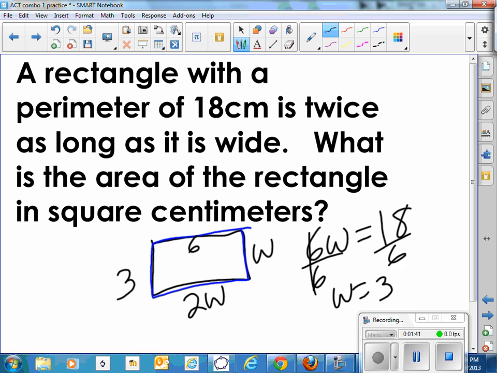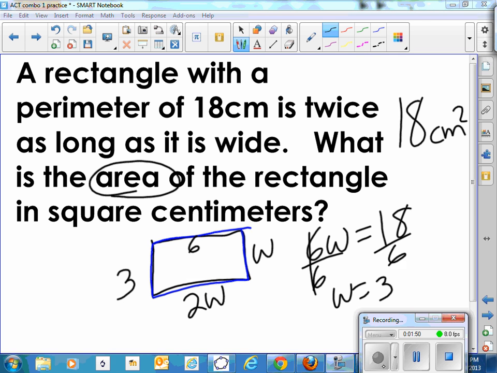And that's what they were asking for, the area. So 18 square centimeters. That's just a coincidence that the perimeter and the area are the same. That's just a weird case.